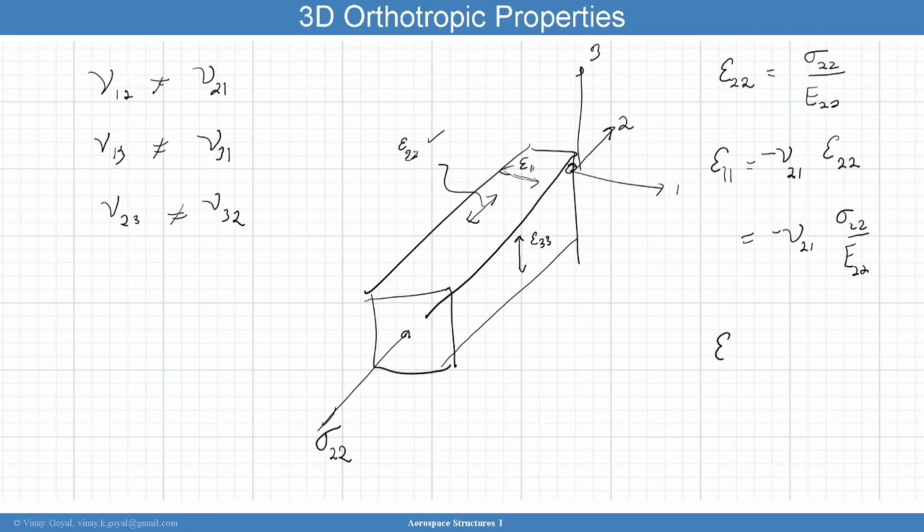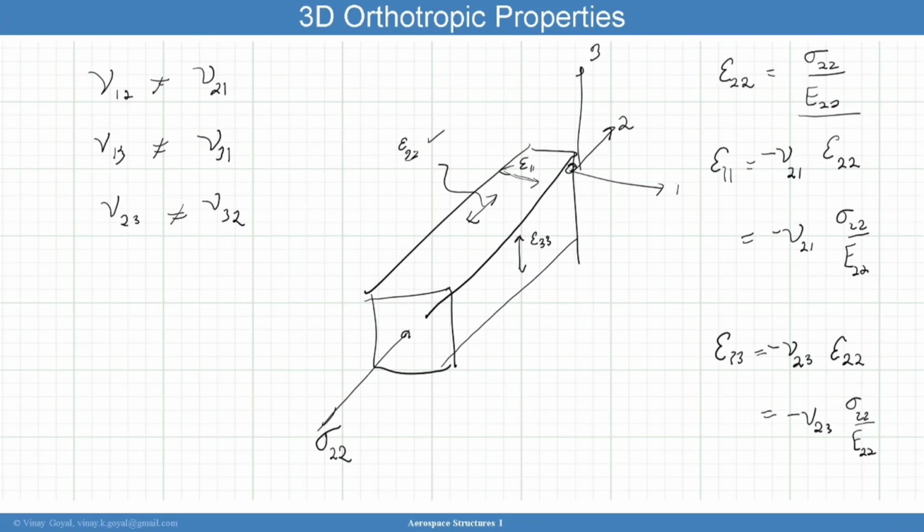And I can repeat the experiment, calculate the strain in the 3 direction, and I expect contraction again, a fraction of epsilon 2. So it's negative nu, loading applied in the 2 direction, measured in the 3rd direction, and I substitute epsilon 2, which was found here, as sigma 2 divided by E22.